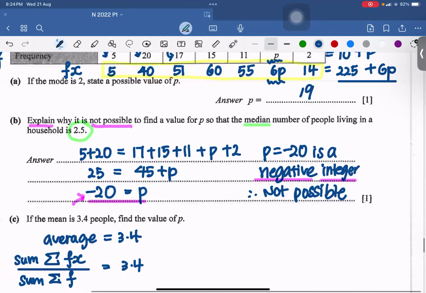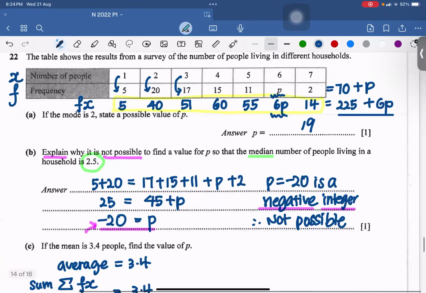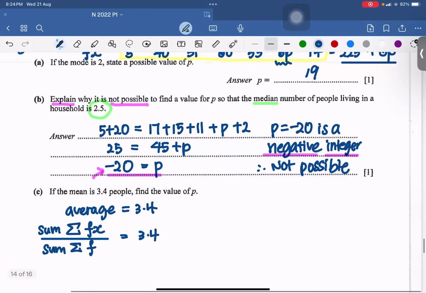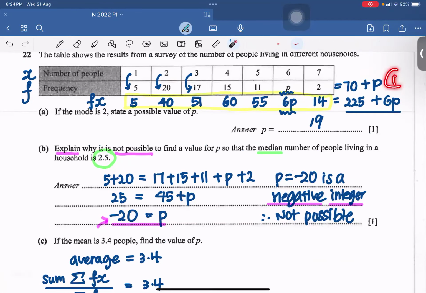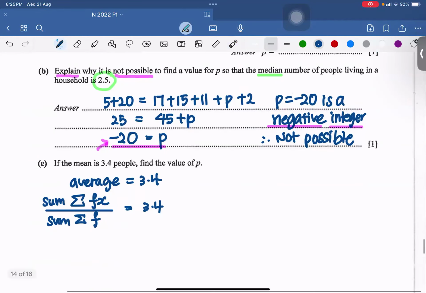So I'm going to plug in my expression now. What is my sum fx? Number 1 or number 2? Number 2, yes, this one. So 225 plus 6p, divided by sum f.